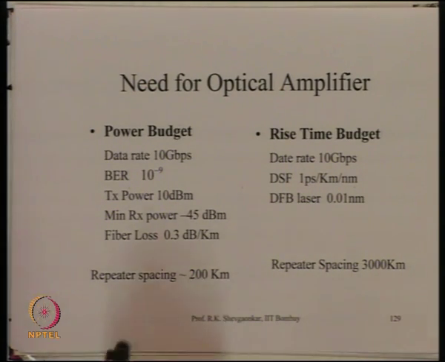Let us do a simple calculation. You remember when we talked about the link design, we had two aspects. One was the loss in the optical fiber, and the other one was the pulse broadening in the optical fiber.